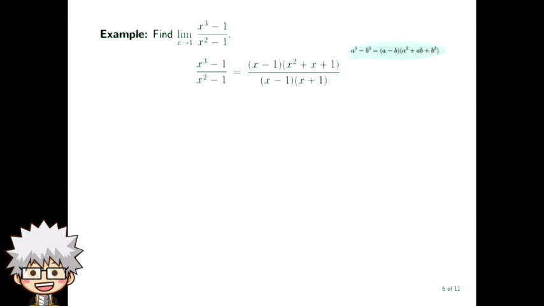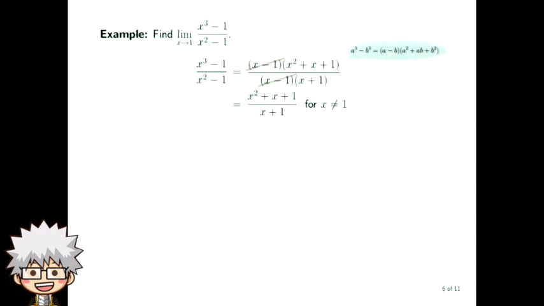We can now cancel the x minus 1 factor from the numerator and denominator. This tells us that the original function is the same as x squared plus x plus 1 divided by x plus 1 for all x other than 1, where our original function was undefined.